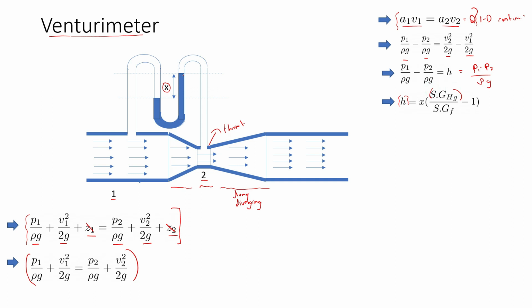Usually you are using mercury here. If it is another fluid, then you need to use the specific gravity of that fluid. So if it is mercury and water, it will be 13.6 by 1 minus 1, that is 12.6.